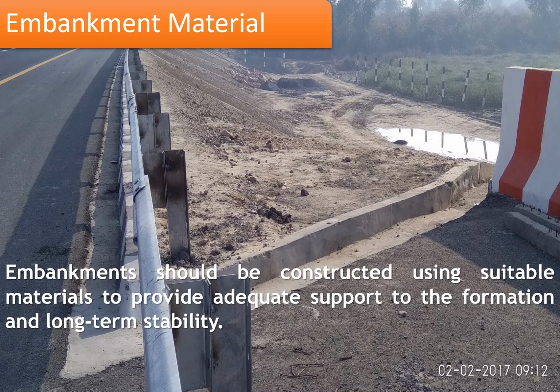This is your FRL and this is your OGL. This is the vertical height which needs to be filled to raise the original ground level to the finished road level.